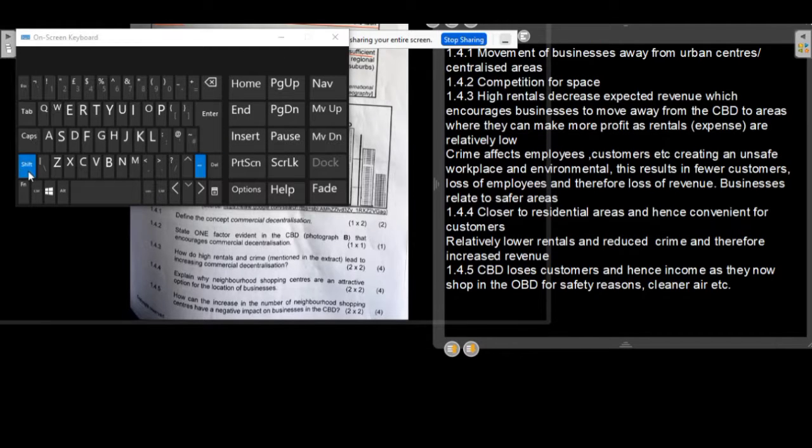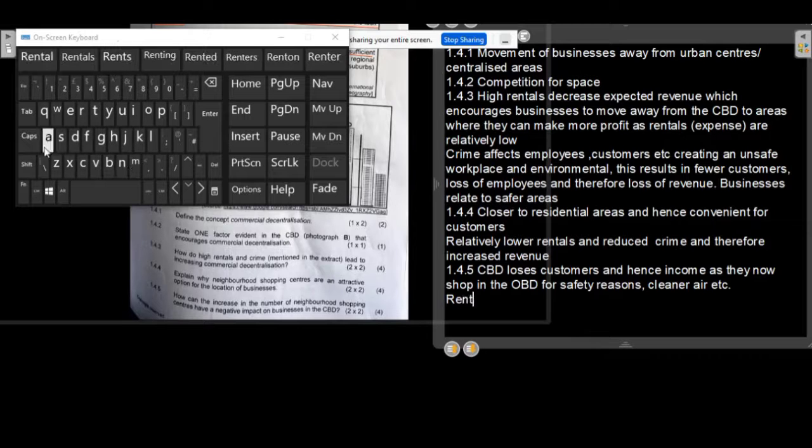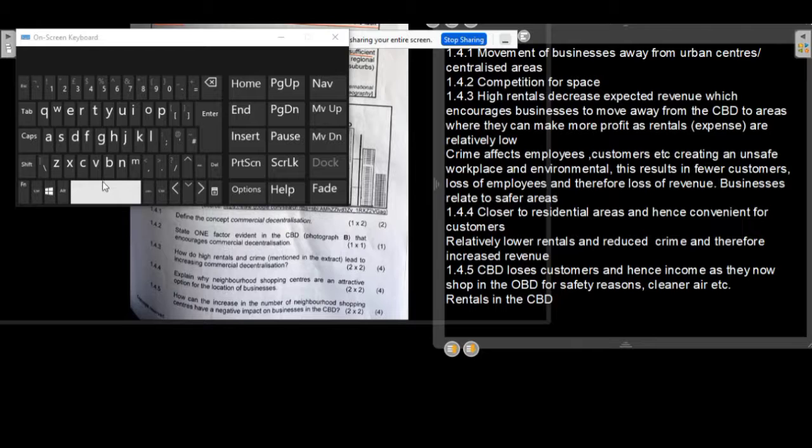So of course, rentals, on the other hand, in the CBD will not go down, guys. No, no, no. Rentals and crime, that's how they lose money.